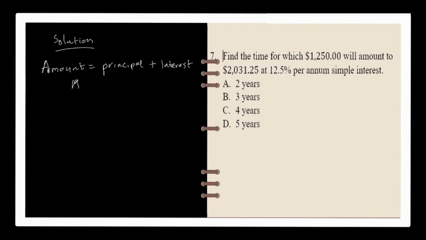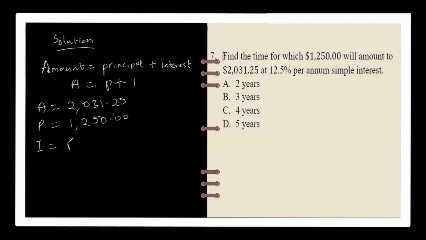So we can say as a formula, A is P plus I. Now here, A is the amount realized, which is 2,031.25. Then the investment, which is the principal amount invested, is $1,250.